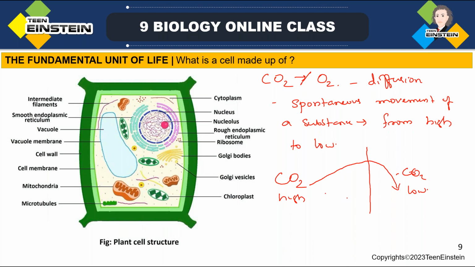So that is called the spontaneous movement of a substance from a region of higher concentration to a region of lower concentration. This is called diffusion. Okay, here diffusion of carbon dioxide is taking place from higher concentration to lower concentration. So where the higher concentration is there, from that region to the lower concentration region, it is moving. Okay, so that is the diffusion.